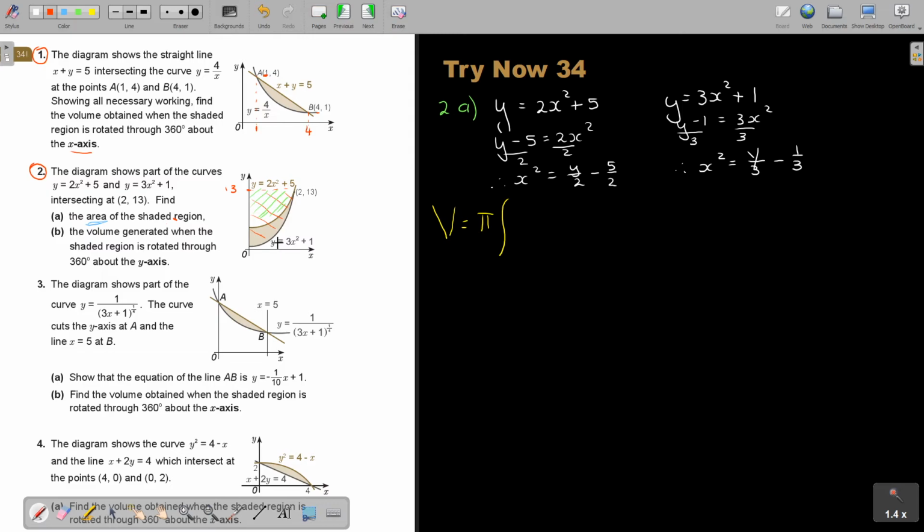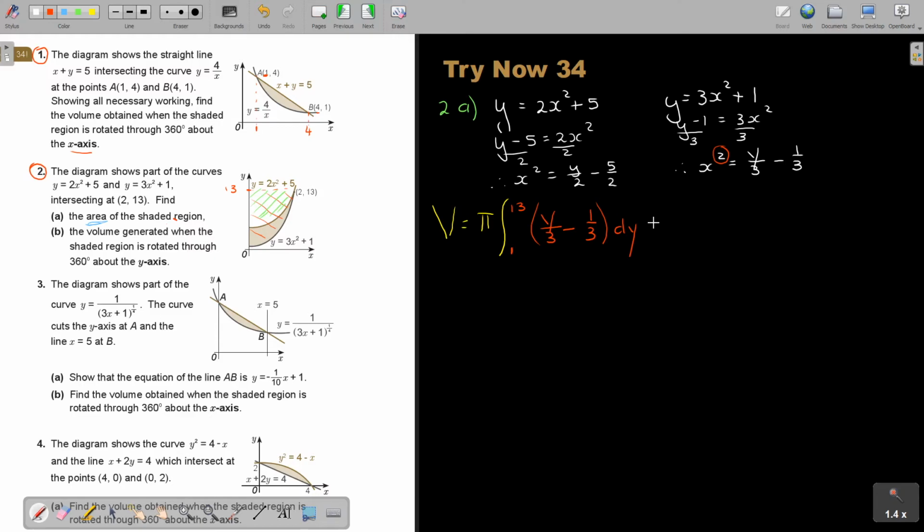For that part, because it's going to be between, first the big one, 13 and 1. Do you see? 13 and 1. And what is the formula I'm using? I'm using this one. So it's going to be y over 3 minus a third. Now, I don't have to square it because there's already a square. Do you see that? And I'm integrating with respect to y.